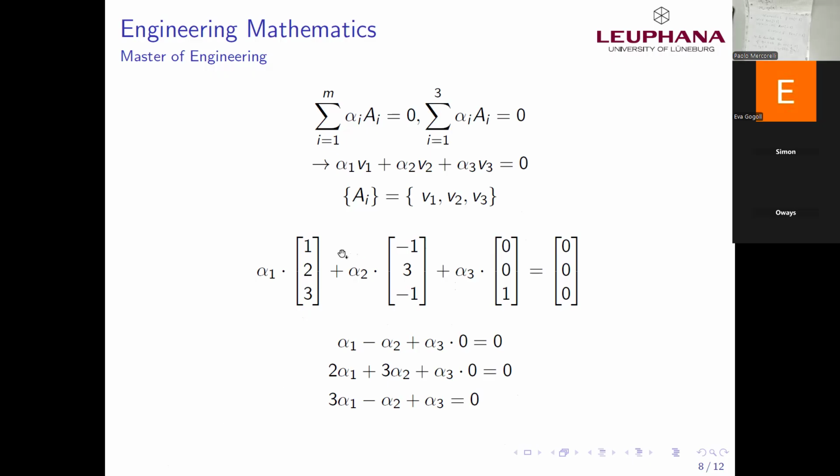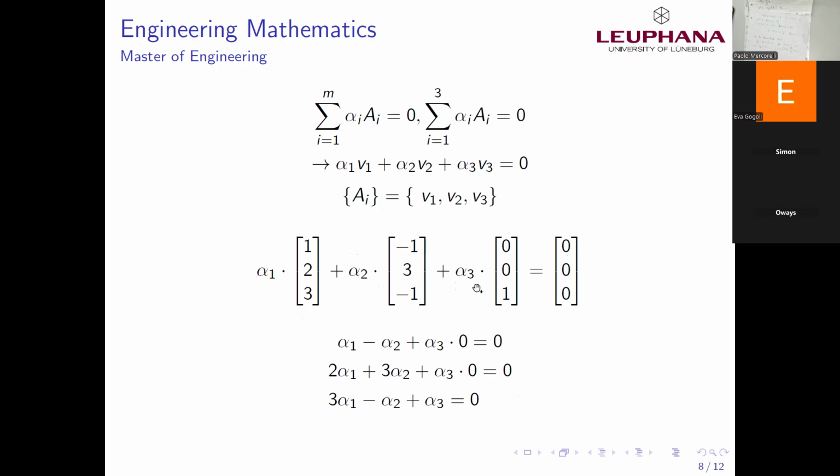This means alpha 1 minus alpha 2 plus 0 multiplied by alpha 3 equals 0, because I defined also in our algebra what is the meaning of equality between two vectors. I mean, the left part here is a vector, because the sum of vectors is again a vector.